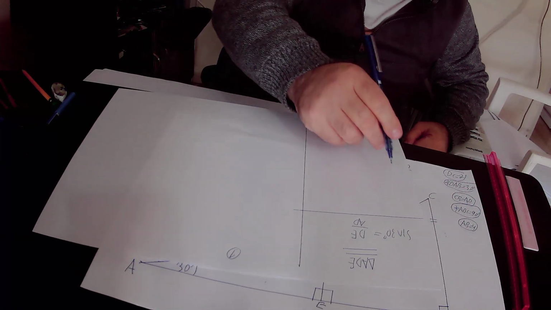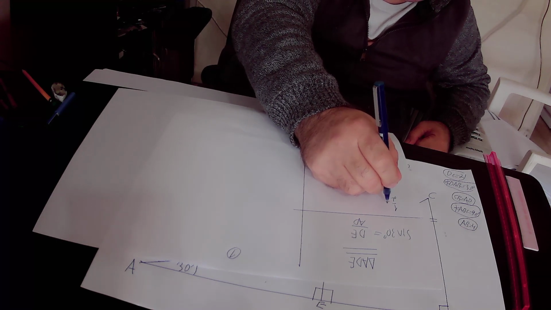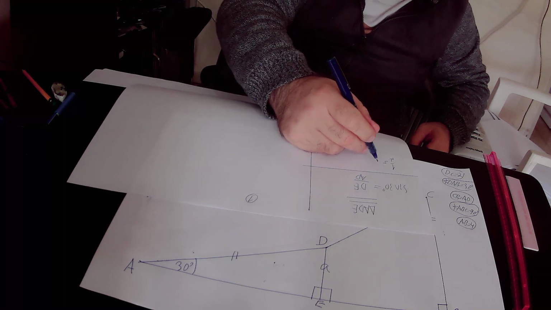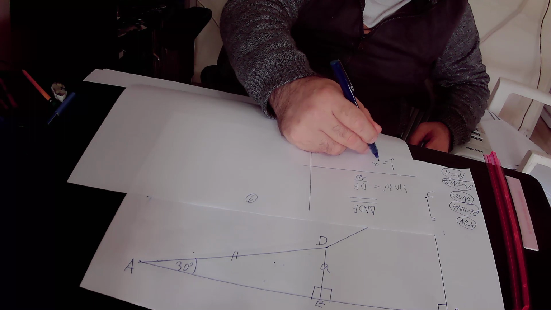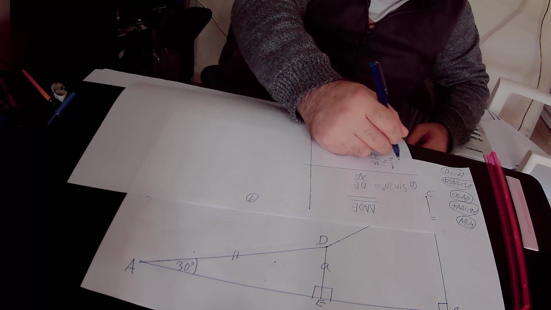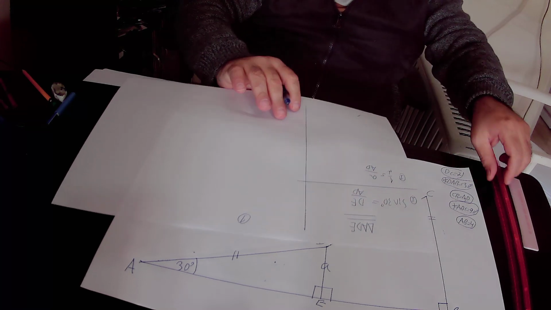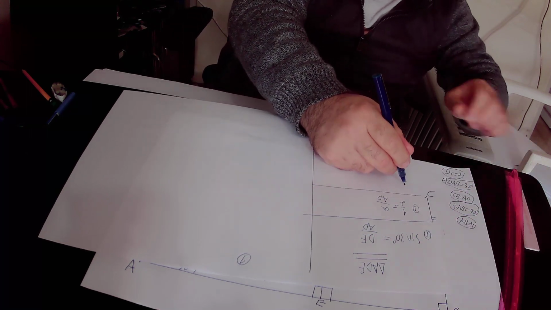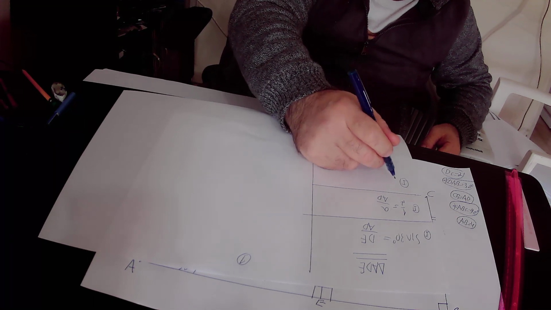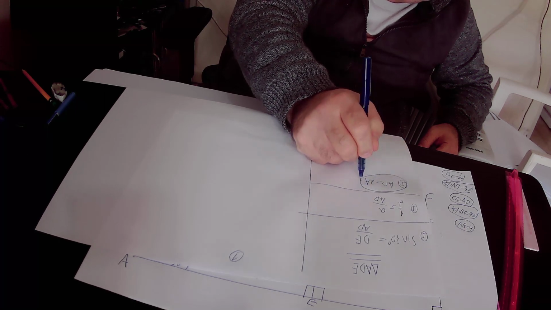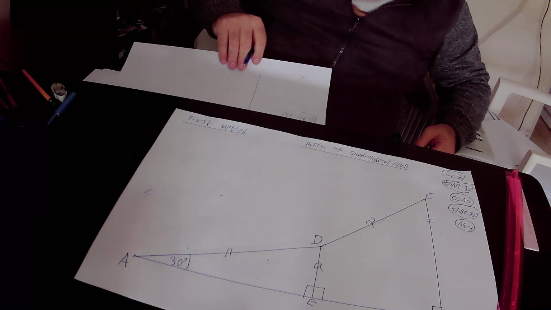Sine 30 degrees is 1 over 2, and DE equals A units according to our definition, so we will substitute DE by A over AD. So we will cross multiply equation number 1, and we will get that according to equation number 1, AD equals 2A. We found out that AD equals 2A. So we can write here that AD equals 2A.